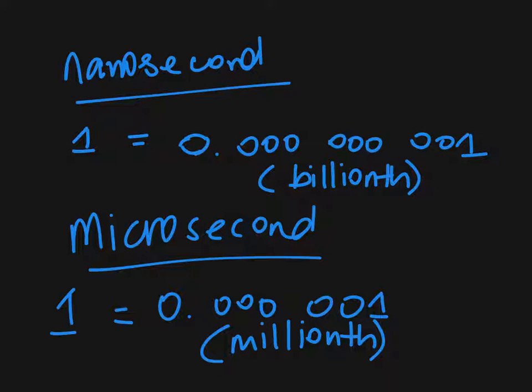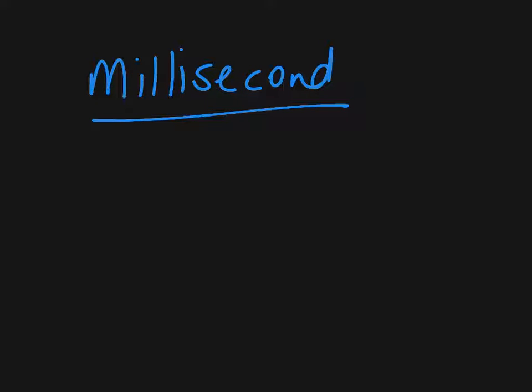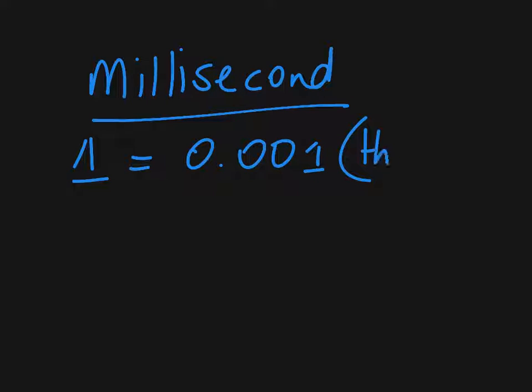Okay, let's continue on. We'll have a look at millisecond. Okay, and 1 millisecond is 0.001, and you guessed it, that is the thousandth.